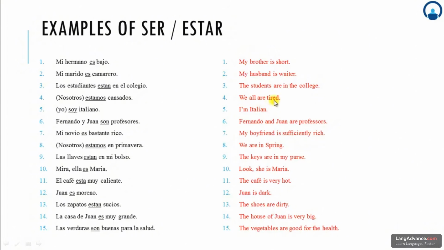We all are tired. Soy italiano. I am Italian. Fernando y Juan son profesores. Fernando and Juan are professors. Mi novio es bastante rico. My boyfriend is sufficiently rich. Bastante means sufficient or sufficiently, and rico means rich.